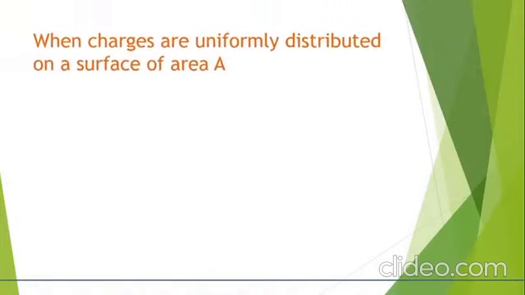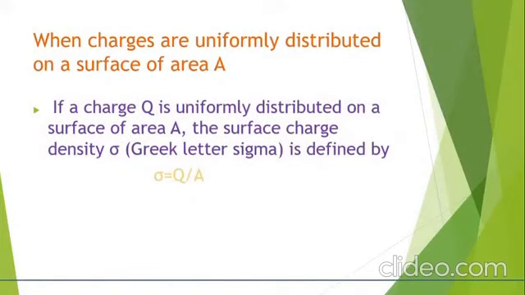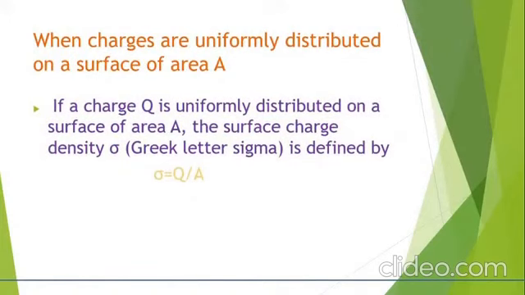The other example is when the charges are distributed uniformly over a surface of area A. By the definition of surface charge density, which is charge per unit area, mathematically we can write it as sigma equals Q divided by A. And by definition, surface charge density has the unit of coulombs per meter squared.